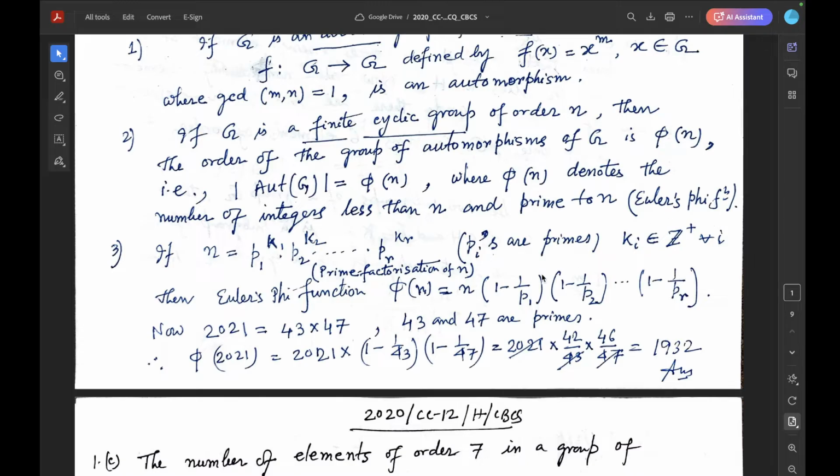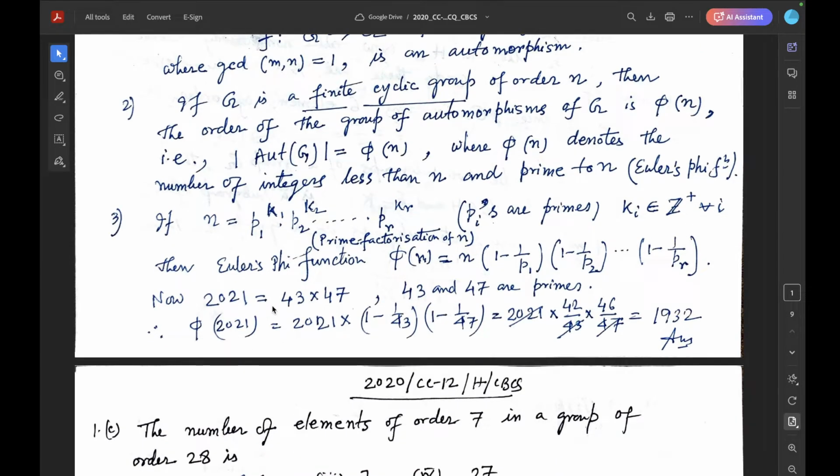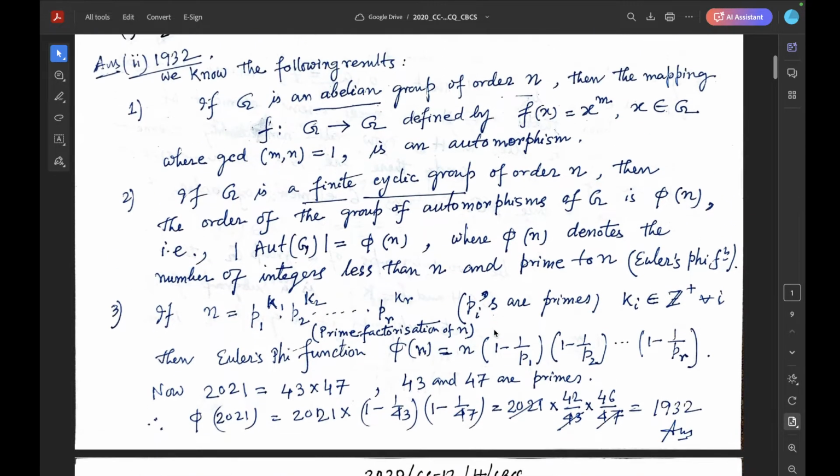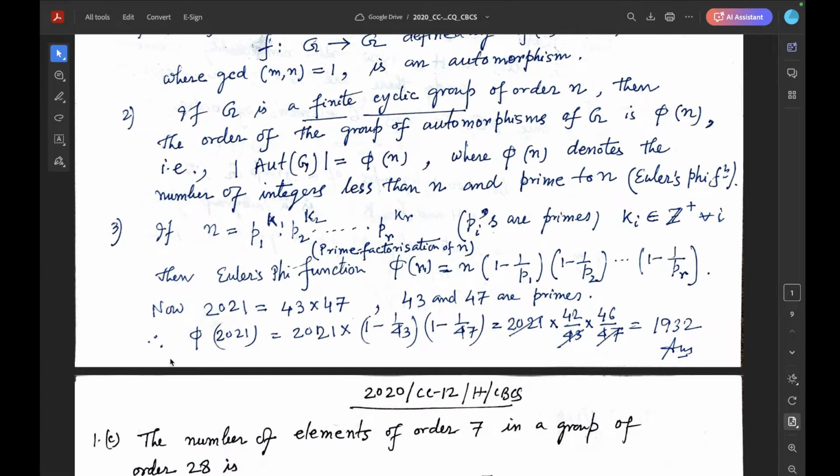non-negative integers, this is the prime factorization of n, then Euler's phi function phi n is equal to n into bracket 1 minus 1 by p1 into bracket 1 minus 1 by p2, and so on up to bracket 1 minus 1 by pr. Now 2021 equal to 43 into 47. So 43 and 47 are primes.